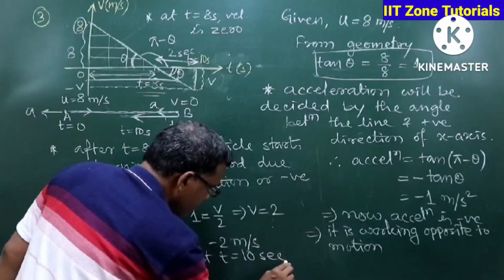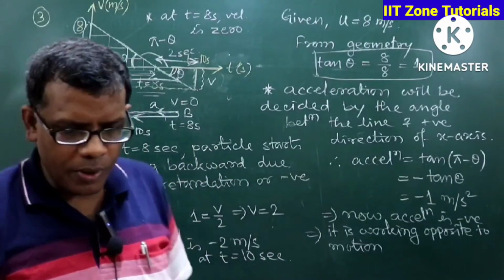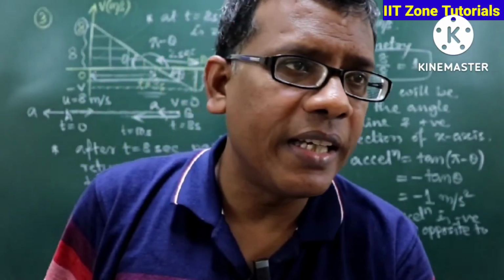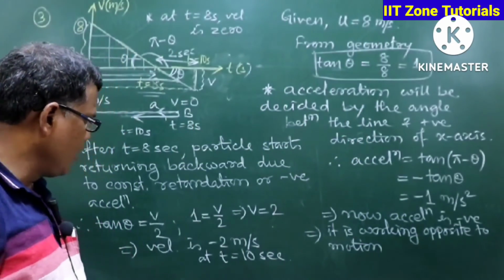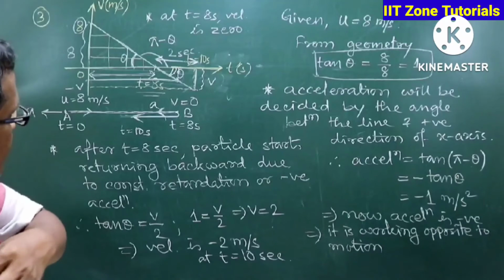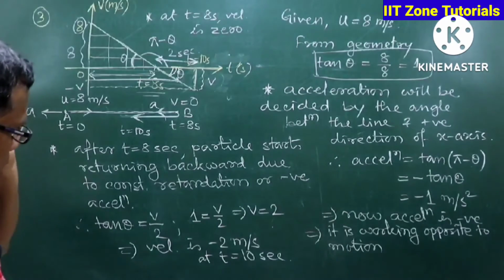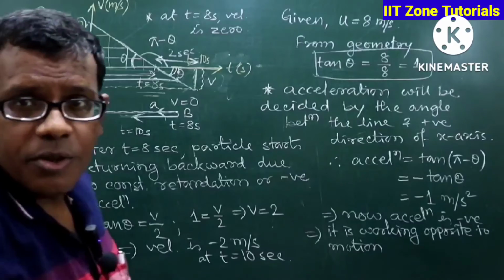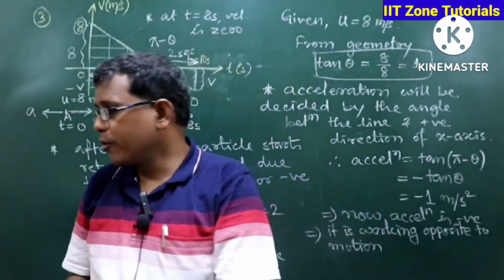Are you getting me? At t equal to 10 seconds, velocity value is minus 2 meter per second. Are you getting this solution? Tell me, are you thorough with it?